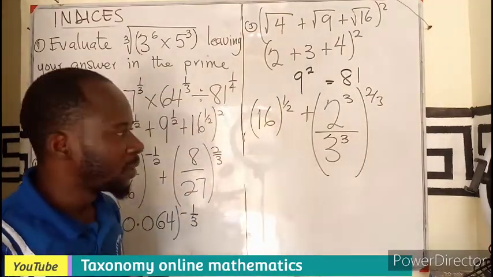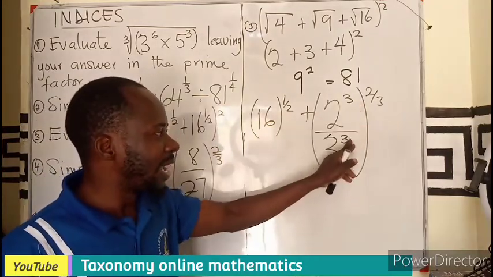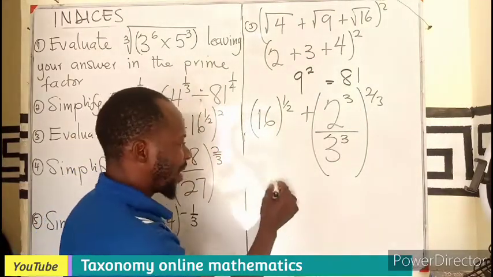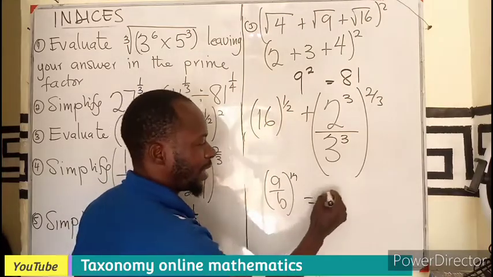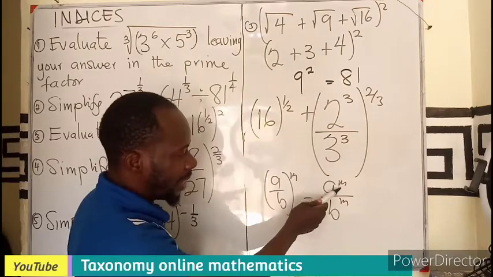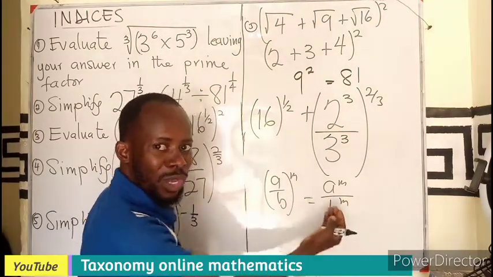So 3 exponent 3 all to the power 2 over 3. Are you seeing this is a fraction? Whereby we have the same power from one of the laws that says if I have a over b all to the power m, it becomes a to the m over b to the m, the same power. If the left equals the right, then the right also equals the left.